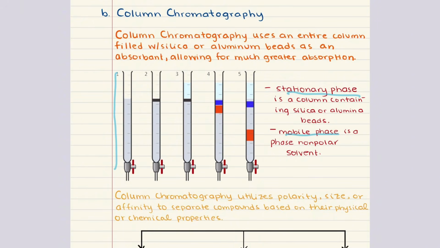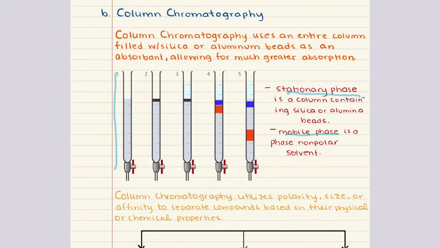So as your sample moves down this column, different components are going to interact differently with this stationary phase, depending on their polarity, size, or affinity. The more a compound interacts with the stationary phase, the slower it moves through it. The less it interacts, the faster it moves through it and elutes out. Now, this setup really allows you to separate complex mixtures and collect each component as it comes off the column.